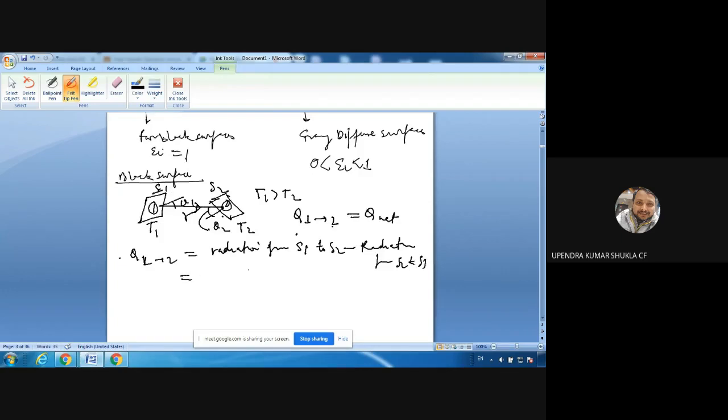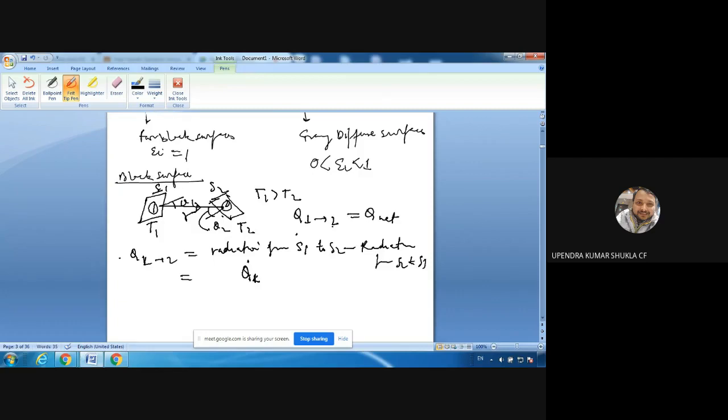Had it been completely black surfaces, suppose the heat radiation from surface 1 is Q1 dot. If both surfaces were infinitely long and parallel to each other, then whatever radiation is emitted by surface 1 would all reach surface 2.